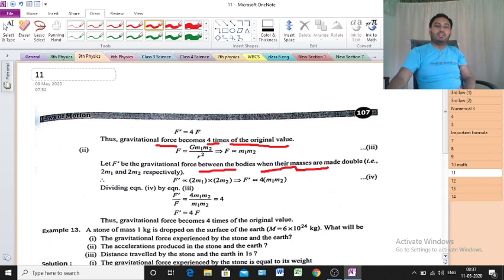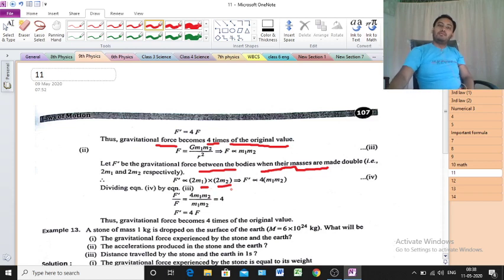Now the formula will be: F proportional to m1 m2 in the beginning, and now F prime proportional to 2m1 2m2. Why 2m1? Because masses are doubled. Initially m1, finally 2m1; initially m2, finally 2m2.